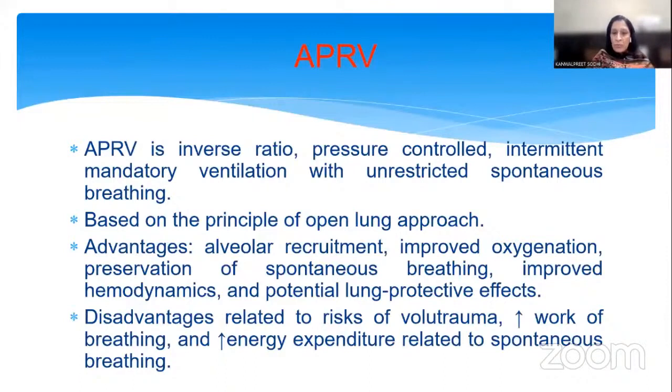It's based on the principle of the open lung approach, and alveolar recruitment occurs with APRV, leading to improved oxygenation, and we are preserving spontaneous breathing. There is improved hemodynamics and potential lung protective effects have been seen. But there are risks of volutrauma, and work of breathing and energy expenditure are increased because of spontaneous breathing.